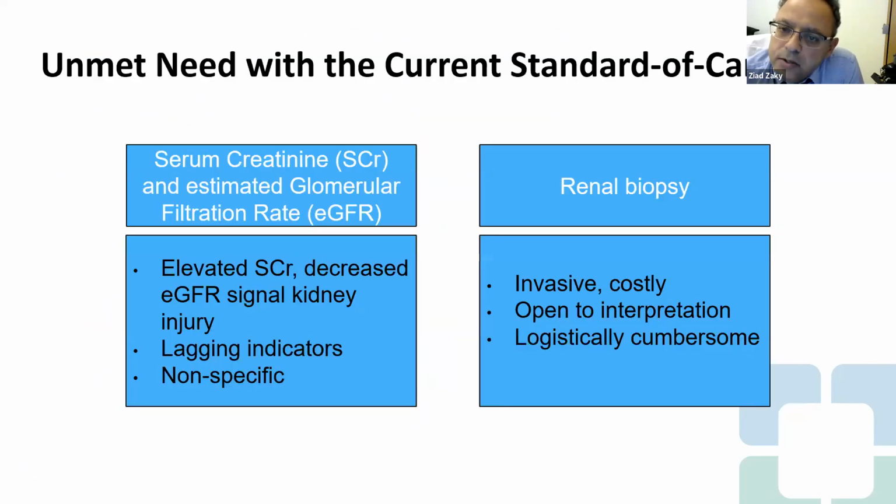So basically, there is an unmet need here with standard of care. You have serum creatinine and GFR that may be lagging behind the rejection, maybe not specific. On the other hand, you have renal biopsy, which can be invasive, costly. There is a risk for complications, and logistically, sometimes it's difficult to perform.